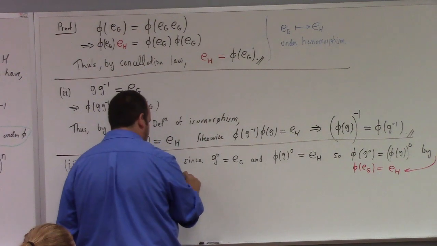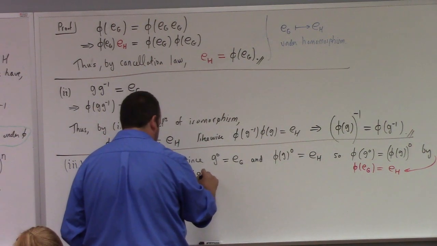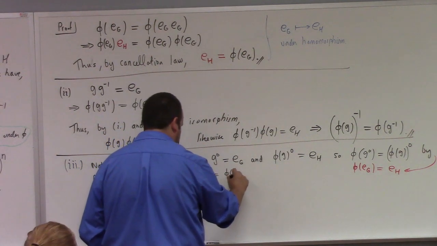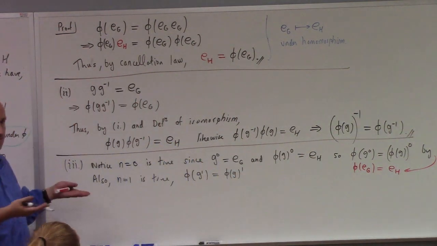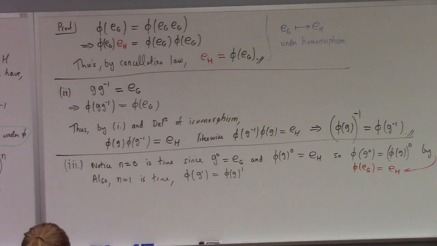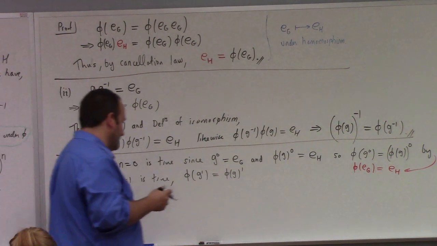Why? Because phi of g to the 1 is equal to phi of g to the 1. I mean, yay, notation. There's nothing to prove there. That's just our definition of the first power, right? Not to be confused with the first order.